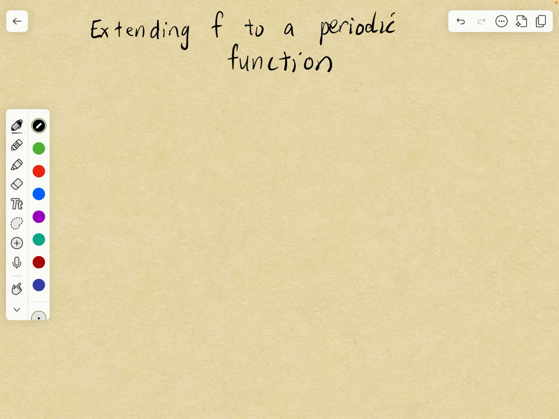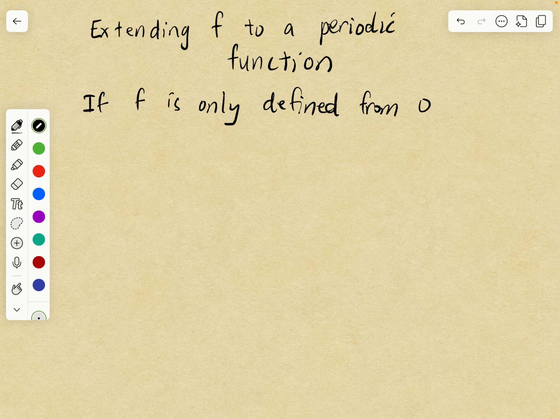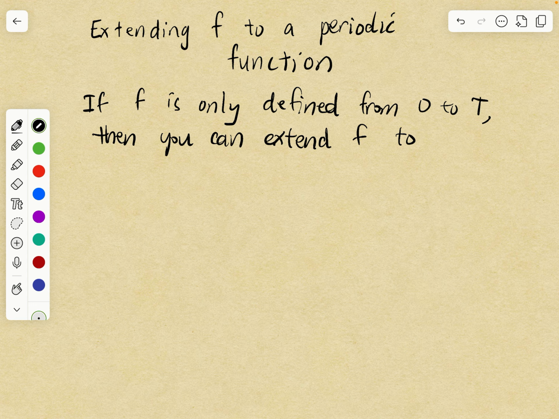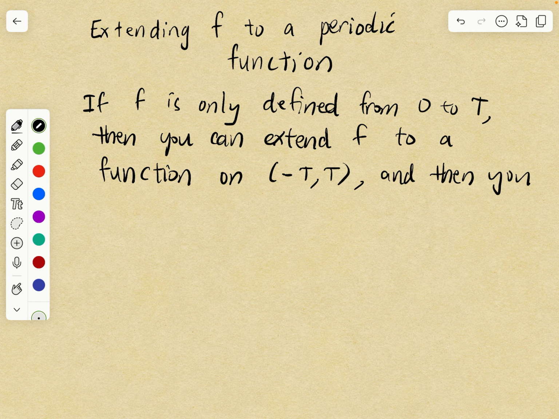So if f is only defined from 0 to t, then you can extend it to a function on the interval from negative t to t, and then you can make it periodic with period 2t.